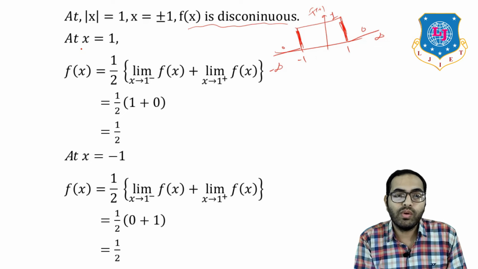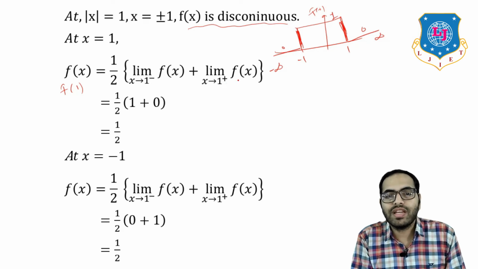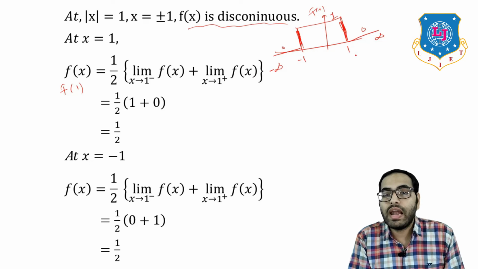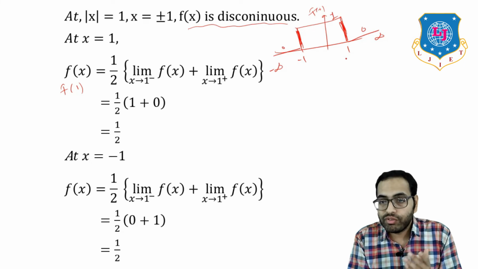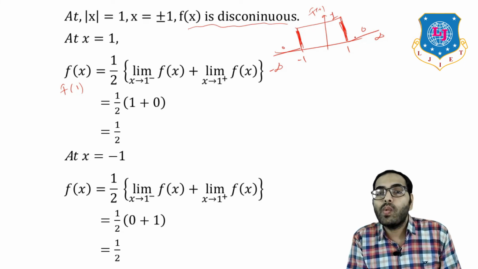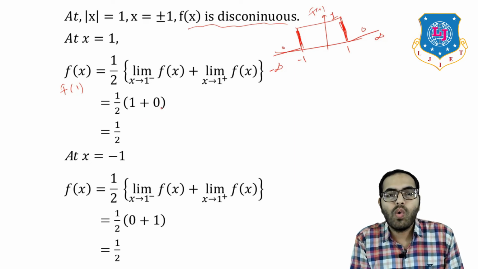For that we have the formula: at x equal to 1, f of 1 is equal to 1 half of the limit x tends to 1 minus f of x plus the limit x tends to 1 plus f of x. That means the function value before the 1 and after the 1 position, which are 1 and 0. Then 1 half of 1 plus 0 is 1 half.